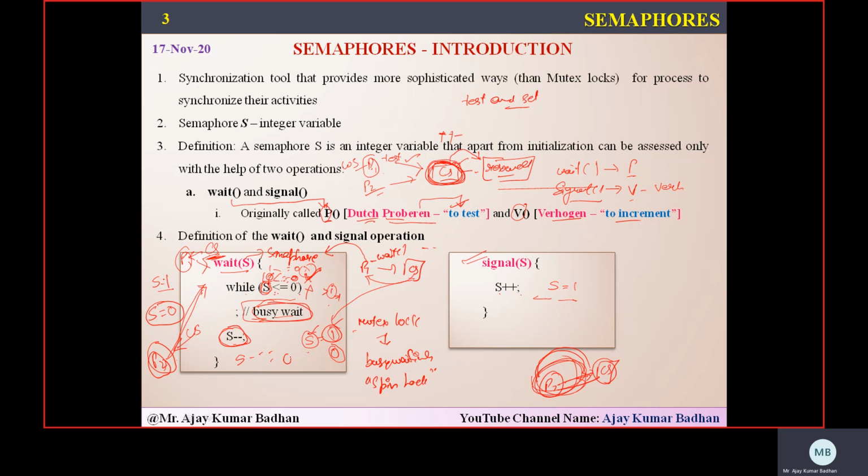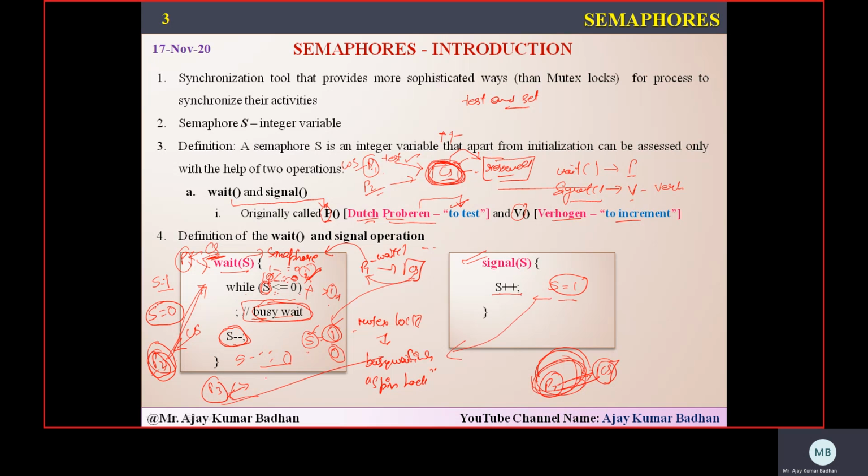Now what is the value of S? 0. I hope you got what I'm doing here. If another process comes, since the value of S is 0, we cannot allocate it, and this process will be in a busy waiting state. Once P2 completes executing, he will call S plus plus, so the value of S becomes 1. Now another process can try to access, maybe P3.